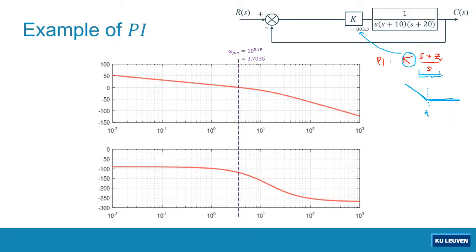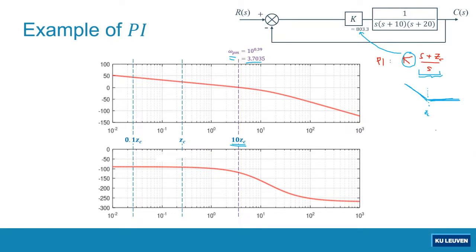So how to define ZC in this case? To define ZC is very, very simple. I just choose ZC such that 1 decade above ZC is equal to the desired phase margin frequency. If the desired phase margin frequency is equal to 3.7035, this is 1 decade above ZC.